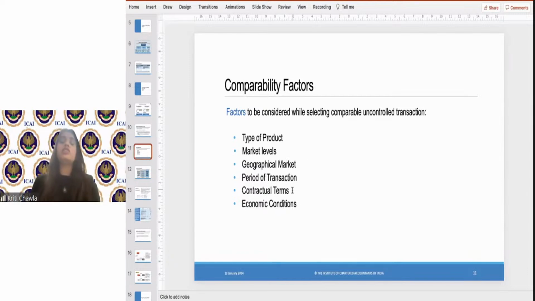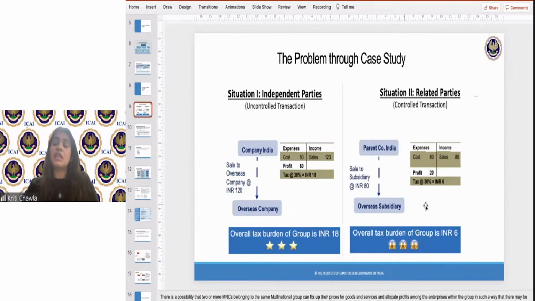Then you'll have to make sure that economic conditions and contractual terms are also the same. When I mean contractual terms or economic conditions, it basically means that if your related party is a company, say the parent company, which has a turnover of 500 crores, then you cannot compare it to an independent party which has a turnover of 50 crores.